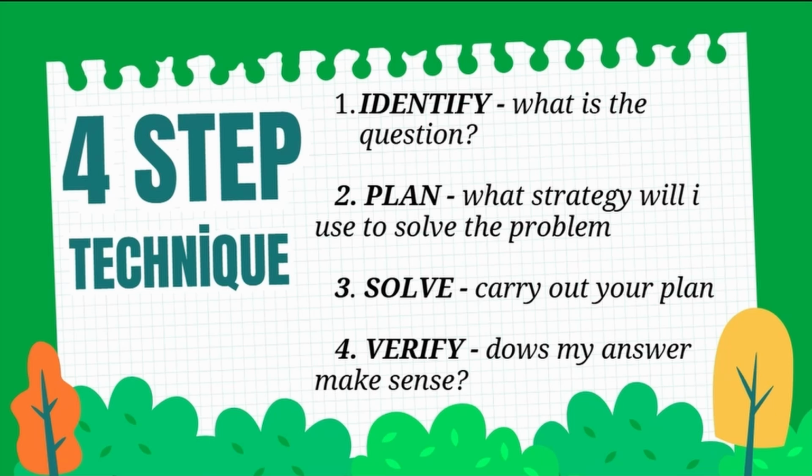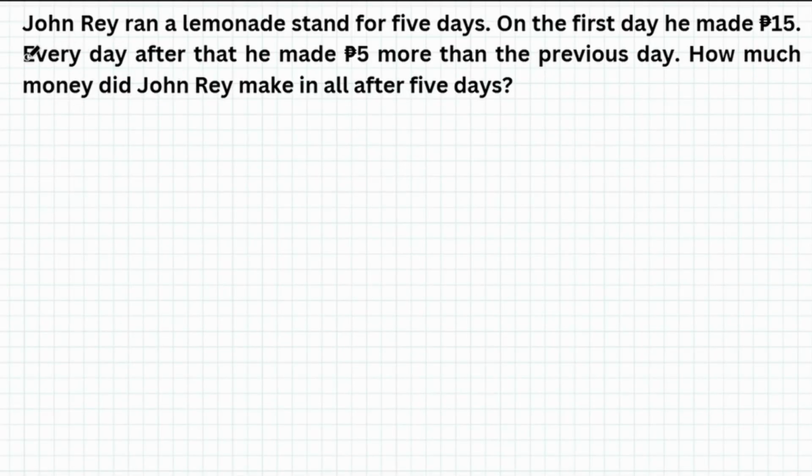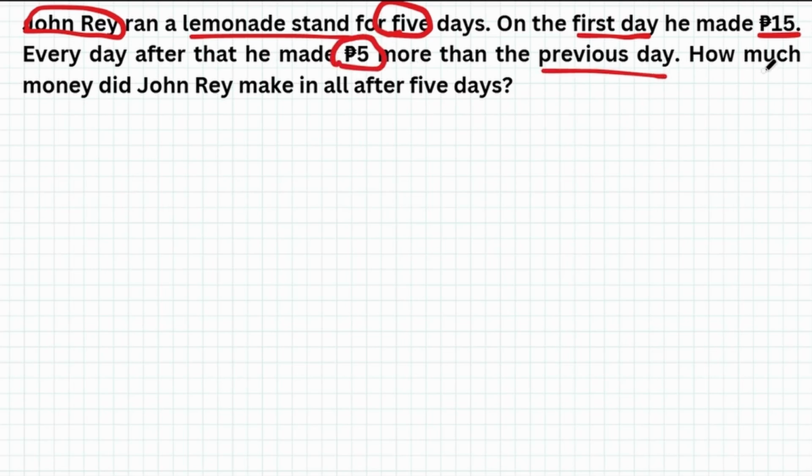So, let's move on. This is the first problem. John Ray Guerrero ran a lemonade stand for 5 days. On the first day, he made 15 pesos. Every day after that, he made 5 pesos more than the previous day.